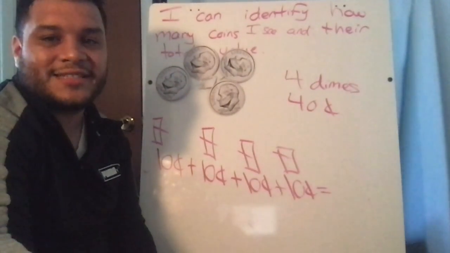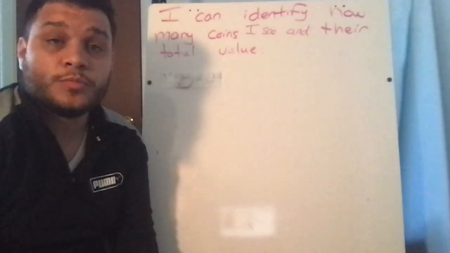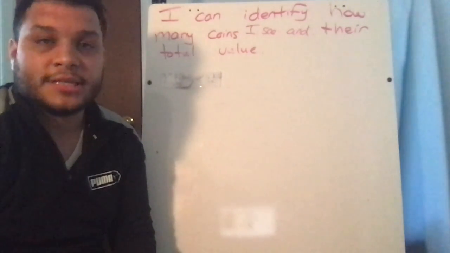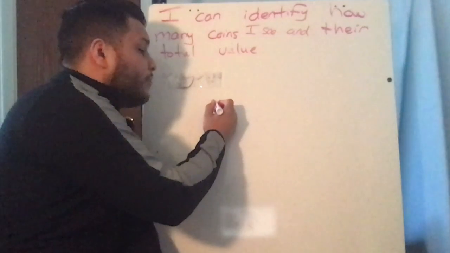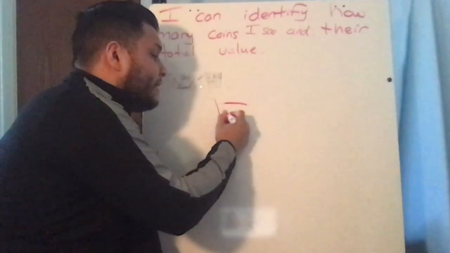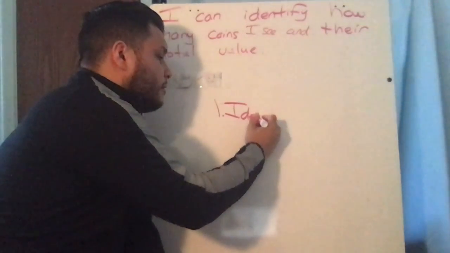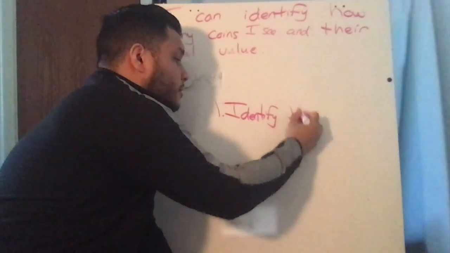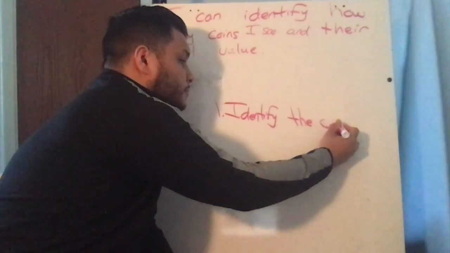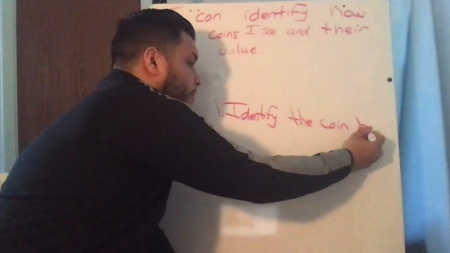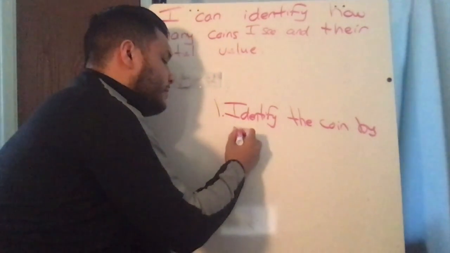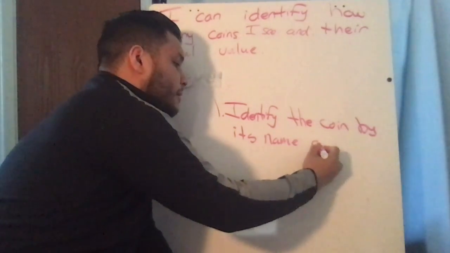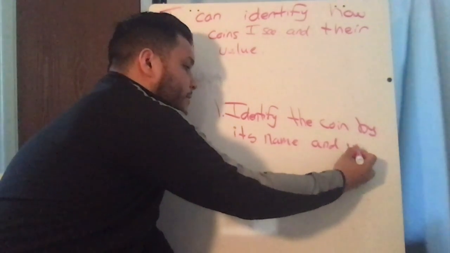Awesome job, friends. Before I send you guys off to practice this on your own, I want to remind you guys of our steps that we're doing today. Our first step is identify the coin by its name and value.